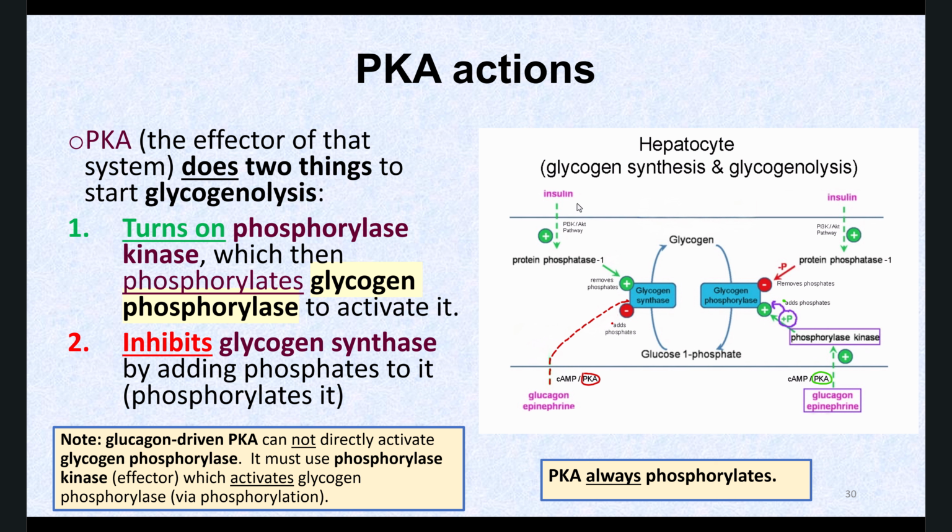And it just shows in here that, remember, when insulin is present in a fed state, when there's lots of blood glucose and we want to store some for a rainy day, then we use this PI3K AKT pathway, and that's going to stimulate PP1, and PP1 is going to remove those phosphates and activate it. We just talked about that. But right now, no insulin, so this is off. So glycogen synthase is inhibited, and we're going to go the other way.